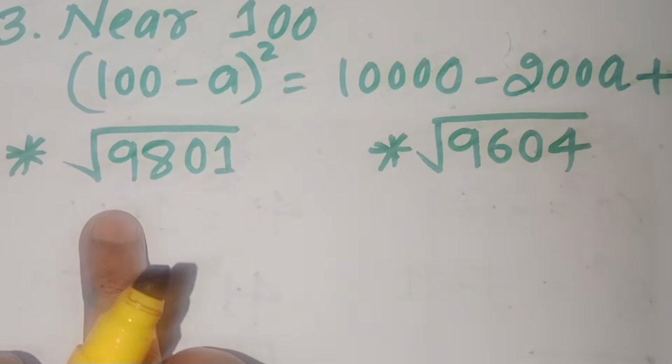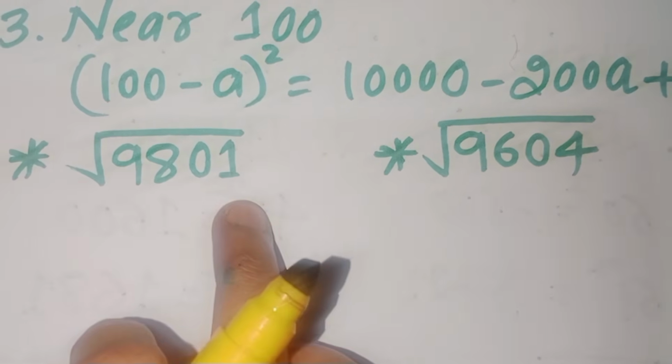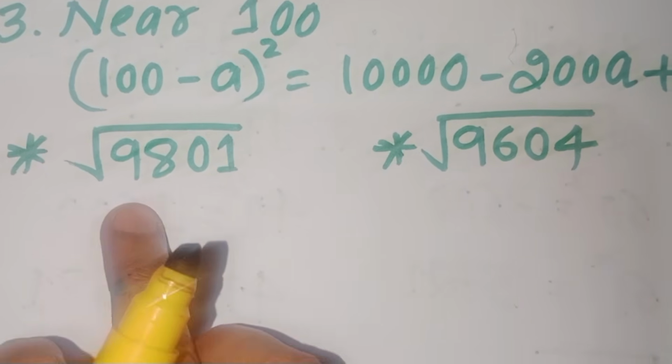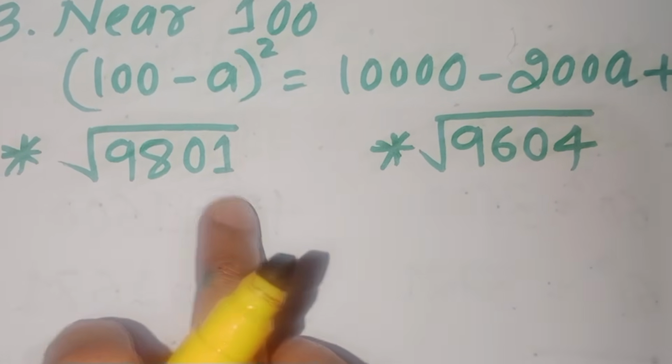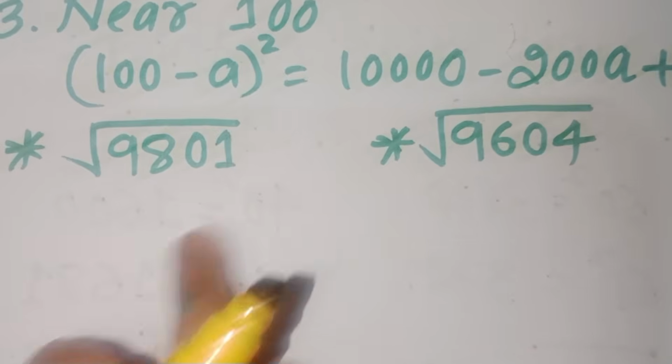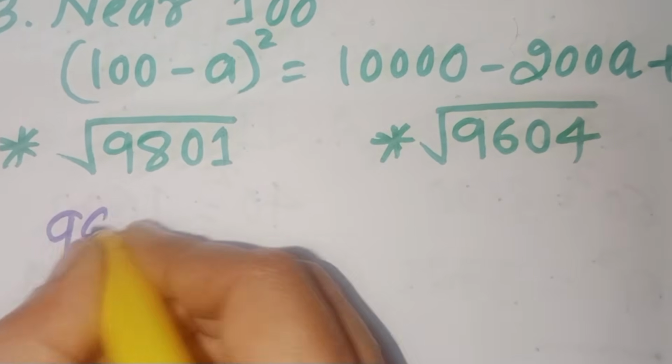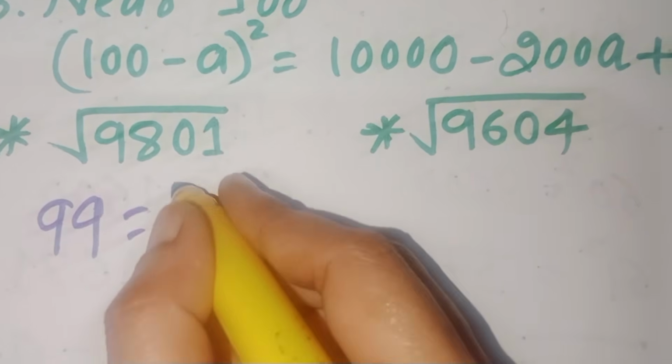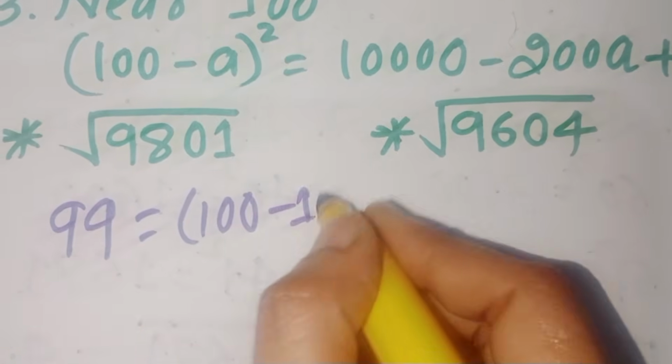First example, square root of 9801. We know 9801 is very close to 10,000. 99 is 100 minus 1.